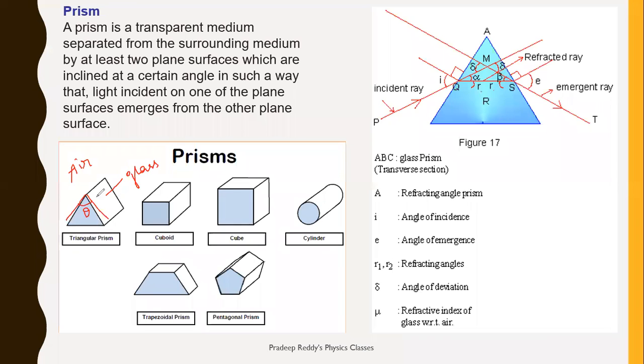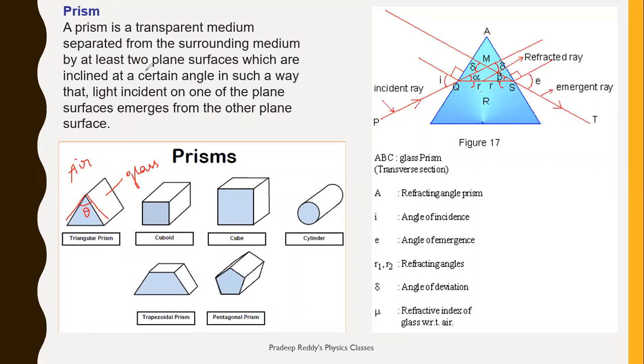If any two plane surfaces are inclined by some particular angle such that they are able to refract light rays, and it is a transparent medium, then it is said to be a prism. There are different types of prism as shown in the figure. Now in this session, we are going to see how a light ray will undergo refraction in the case of a prism.